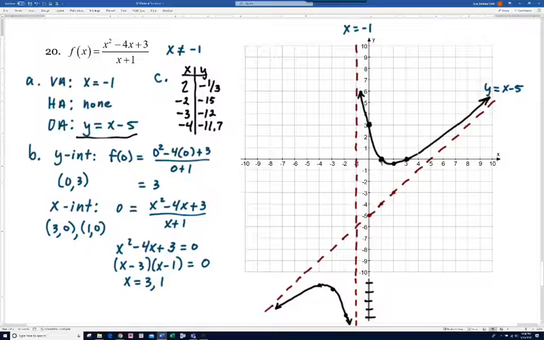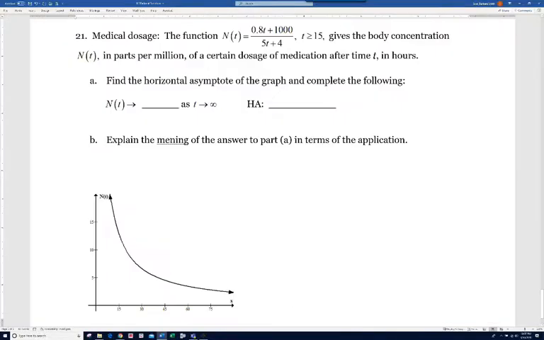All right, so let's move on to number 21. This is an application problem. It says the medical dosage, well, we have this function here, this rational function, n of t equals 0.8t plus 1,000 over the quantity 5t plus 4, where t is greater than or equal to 15.